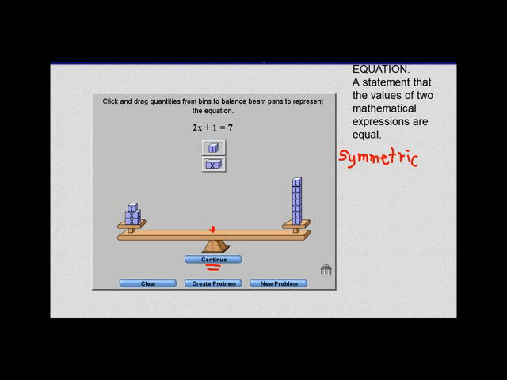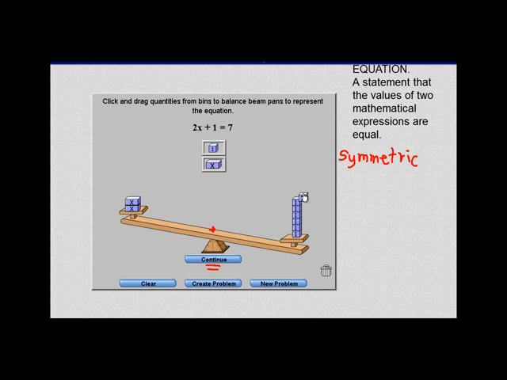Another property which you can say is self-explanatory is I can, for example, remove this 1 unit and put that in our trash bin. And I also remove 1 unit at the right-hand side of the balance beam. What do you notice?